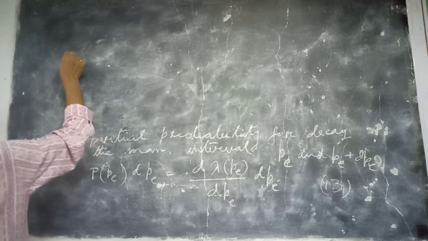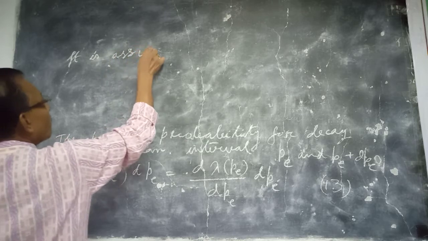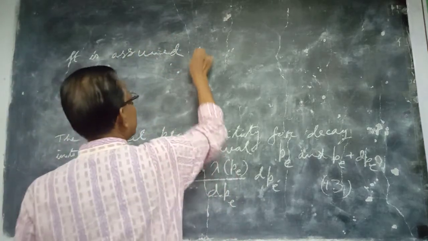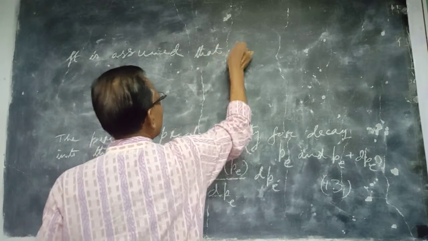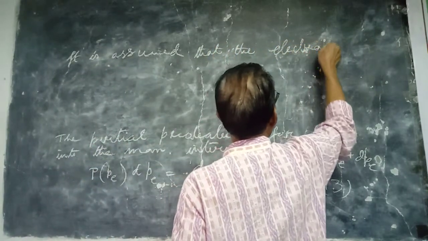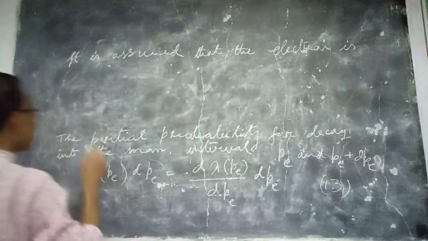Here it is assumed that the electron is going in the final state K.